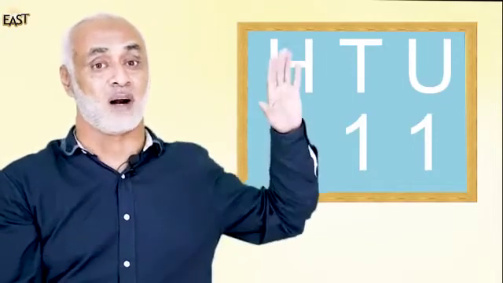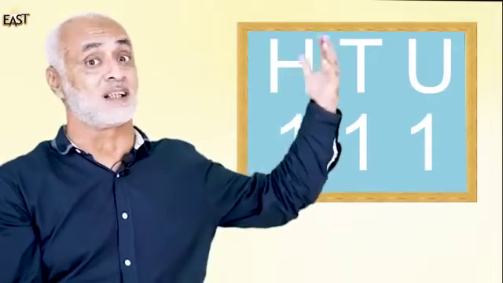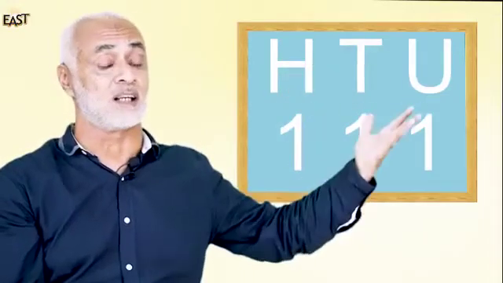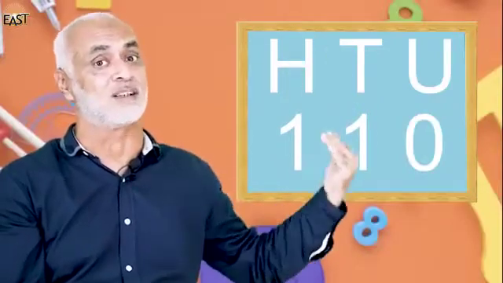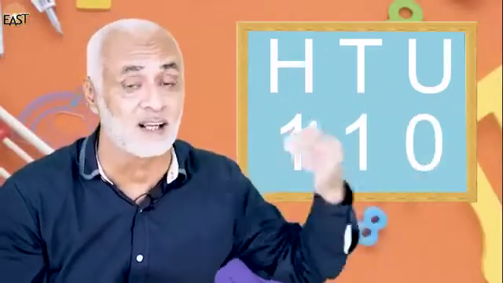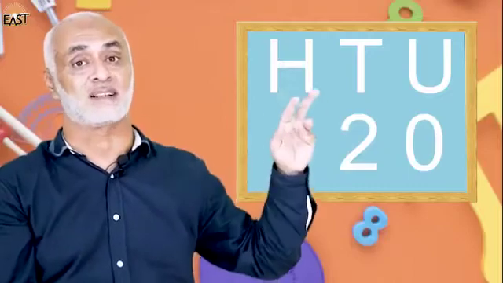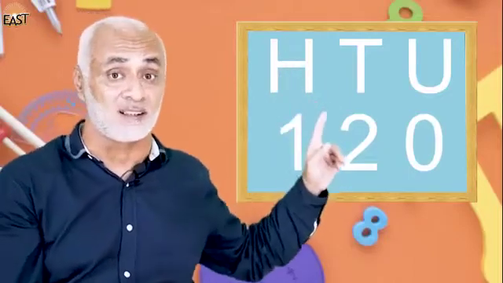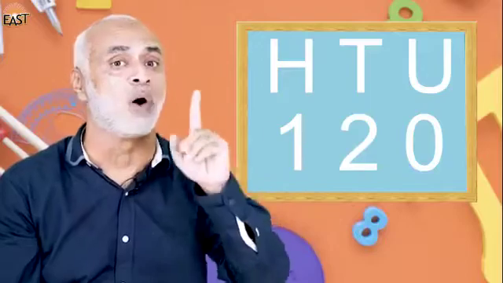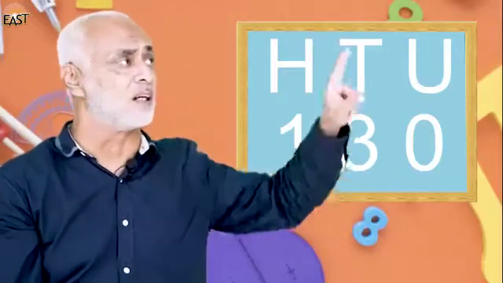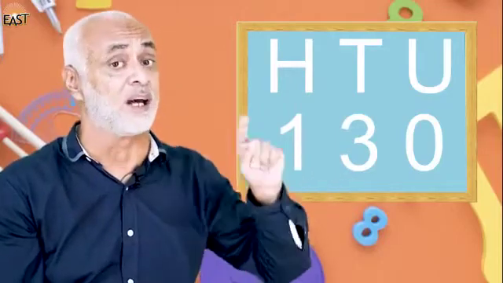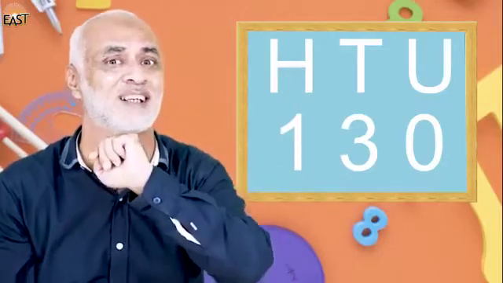So when we have 100 and then we add some tens, maybe 1 ten or 2 tens. So if 1 ten is added to 100, that is 110. If 2 tens are added to 100, that is 120. If 3 tens are added to 100, that is 130.